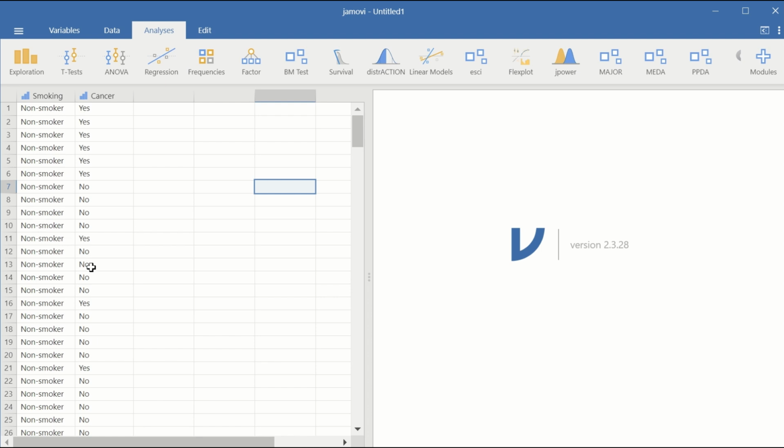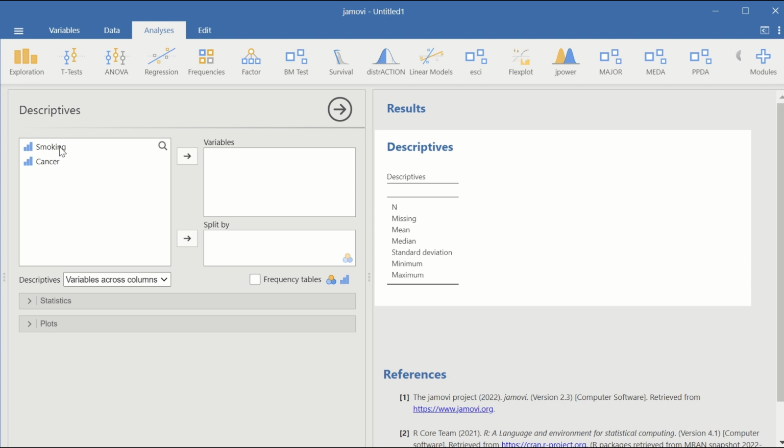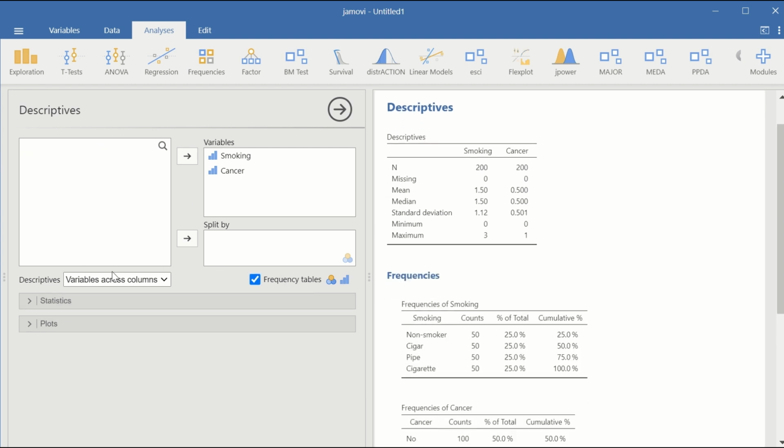Before we proceed and do the binary regression, let's look at some descriptive statistics by clicking on Exploration here and then ticking Descriptives. In the new window here, drag the smoking to the variables section and the cancer to the same box, and then tick the frequency tables here.